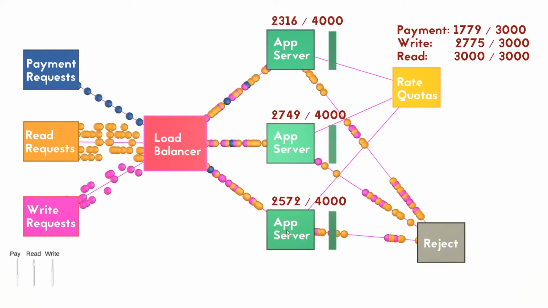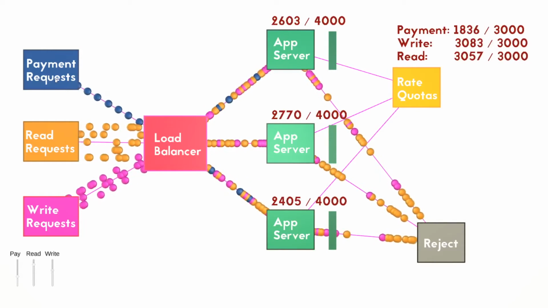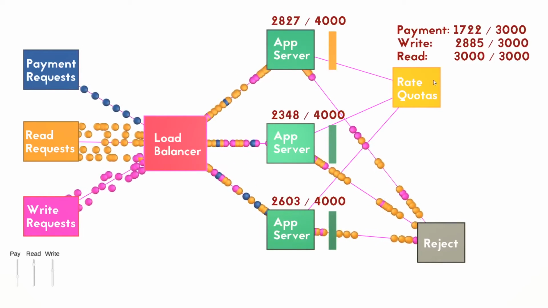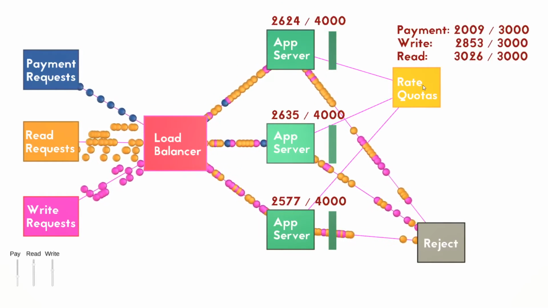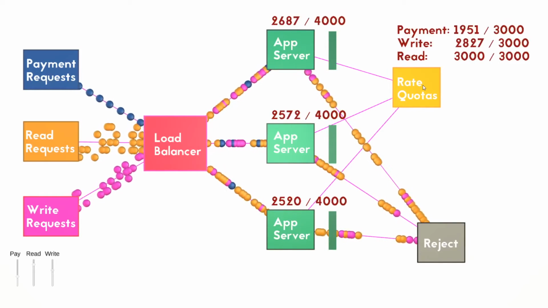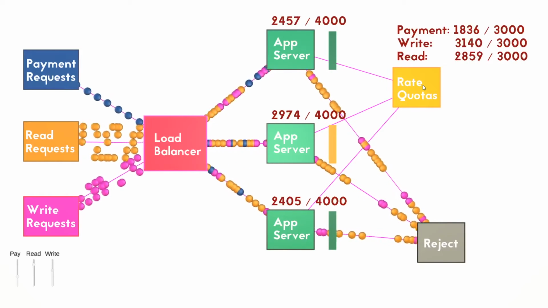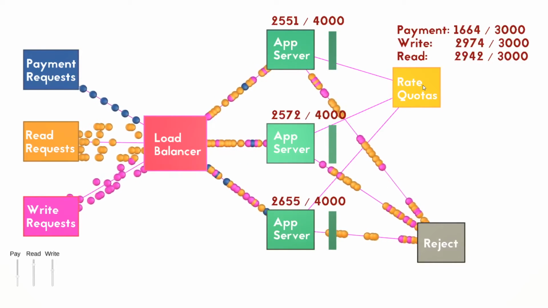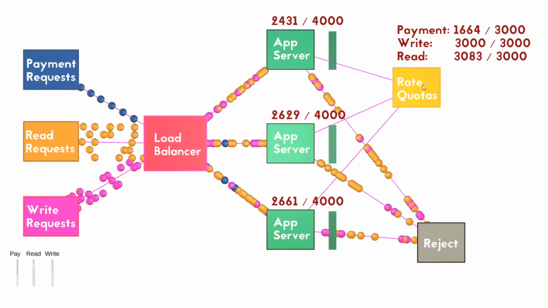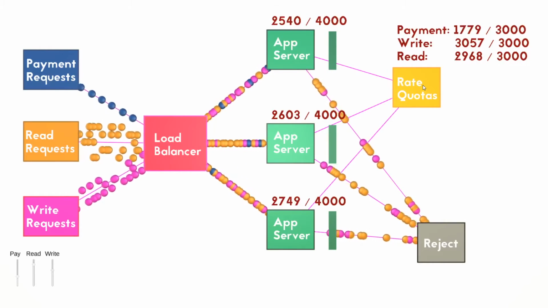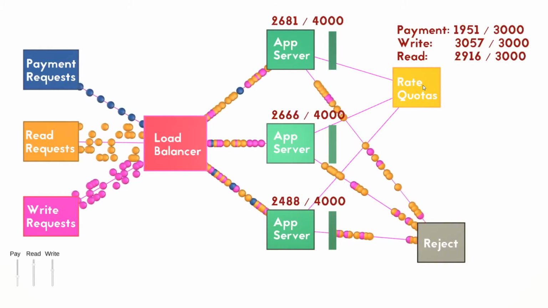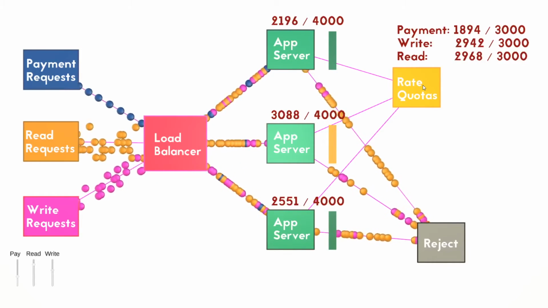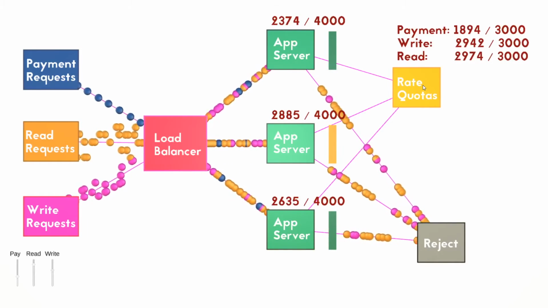But all through this, you will see that not even a single payment request is getting rejected because payment requests have not exceeded their limit. And this is exactly what we wanted. We wanted that requests of one particular service should not affect the requests for other service types. And I think we have almost achieved that. We can achieve that with a centralized rate limiting service.